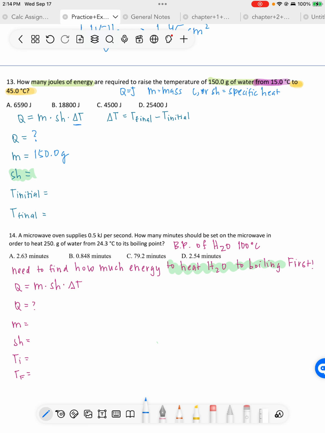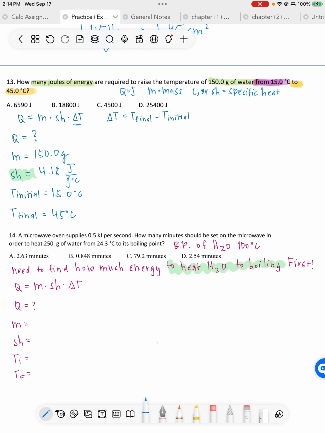You have to have specific heat for water memorized. It's 4.18 joules per gram degrees Celsius. I had that mixed up, sorry. And then our initial temperature was 15 degrees Celsius, and our final was 45 degrees Celsius.